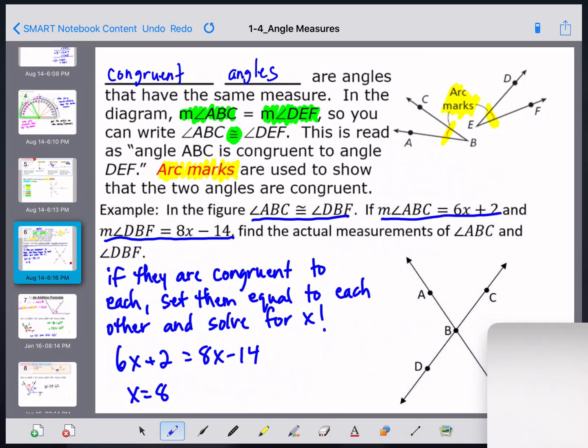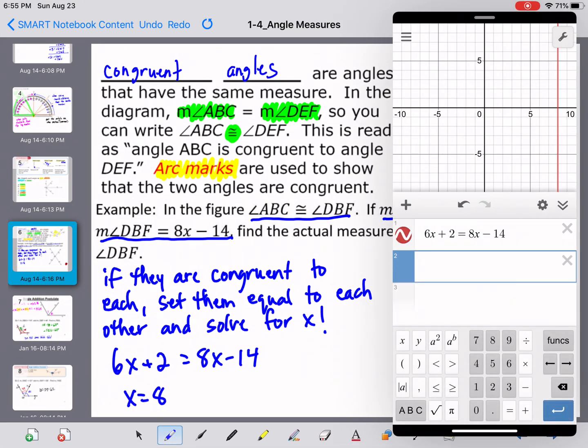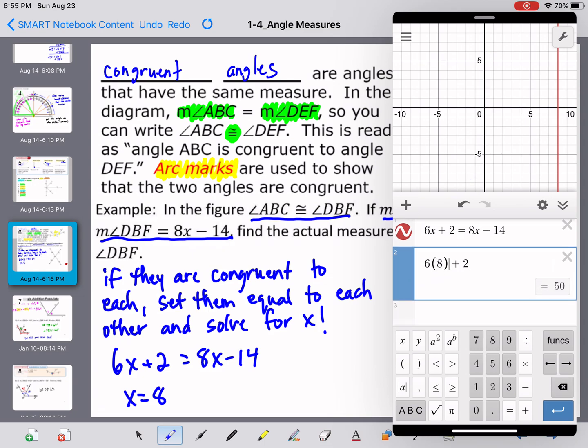No, I actually need to find the measure of each one of those angles. So this is where we're going to substitute x back into the expressions. So 6x plus 2. Right there where that x is, I want to substitute in that 8 and I'm going to get angle ABC equals 50 degrees.